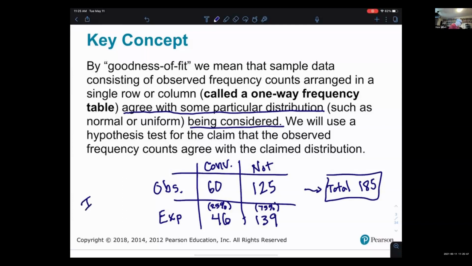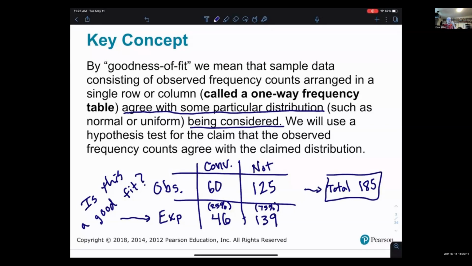So we can basically ask ourselves, is this a good fit? And when I say this, I mean my expected distribution. Does the expected distribution fit well with the observed distribution?